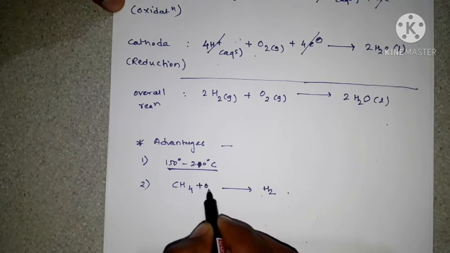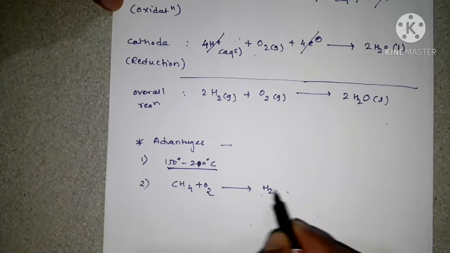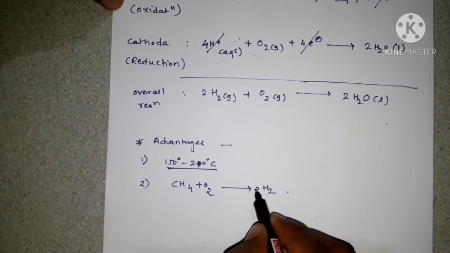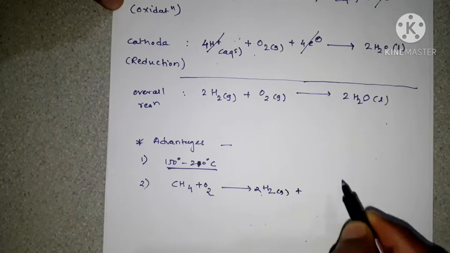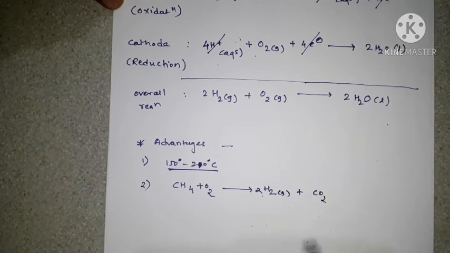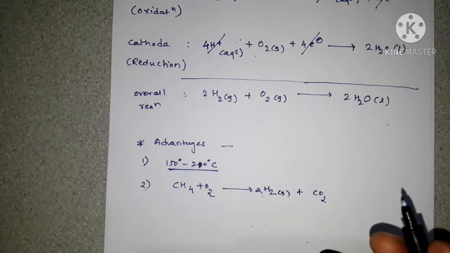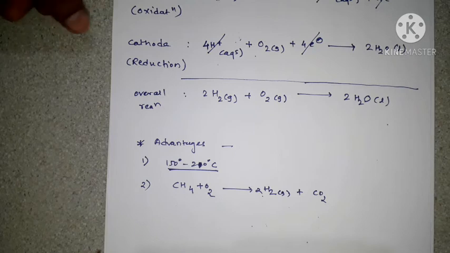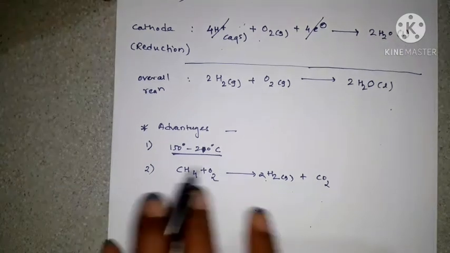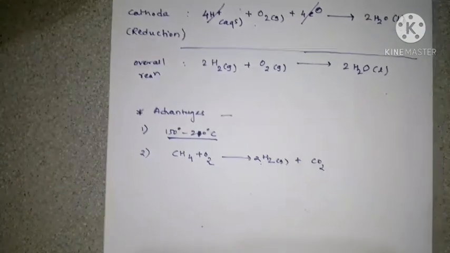By using oxygen. CH4 when combined with oxygen gives 2H2 gas plus CO2. So the reformation process of CH4 to H2 gas is also good. So that is the second advantage of the phosphoric acid fuel cell.